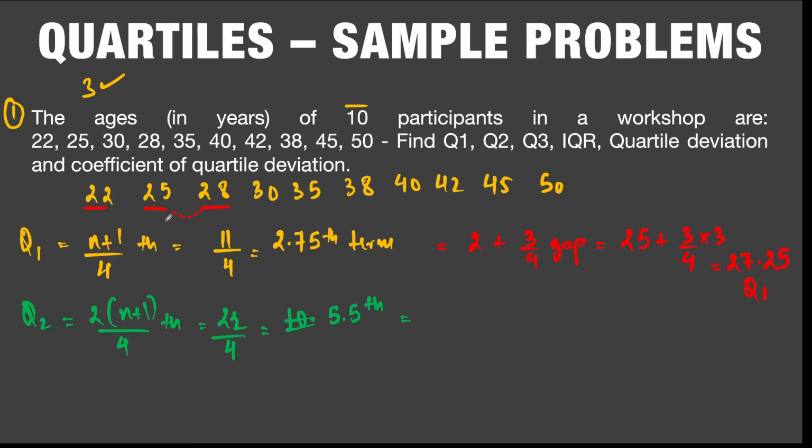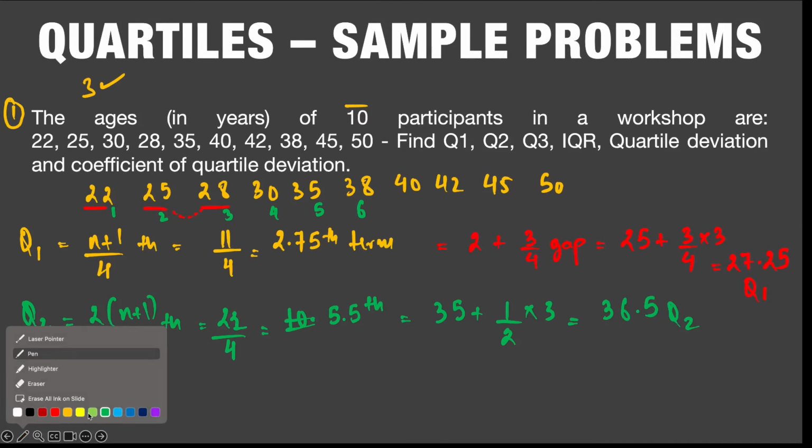This means the fifth term first, which is 35 (counting 1, 2, 3, 4, 5), plus half of the gap between the fifth and the sixth term. The gap between the fifth and the sixth term is 38 minus 35, which is 3. So 3 by 2 is 1.5. This becomes 36.5. This is the value of Q2.